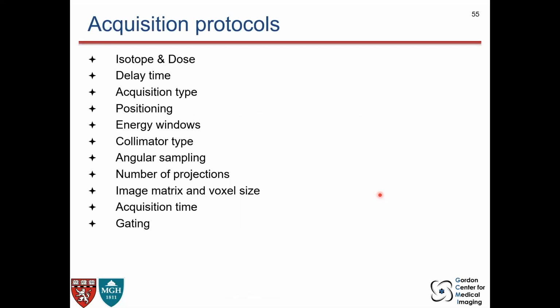And we have different protocols. When you're designing a study, you have to think of isotope and the dose and the delay time between the injection and acquisition time. And also whether it's a 1 day or 2 day, depending on the isotope, positioning, energy windows.